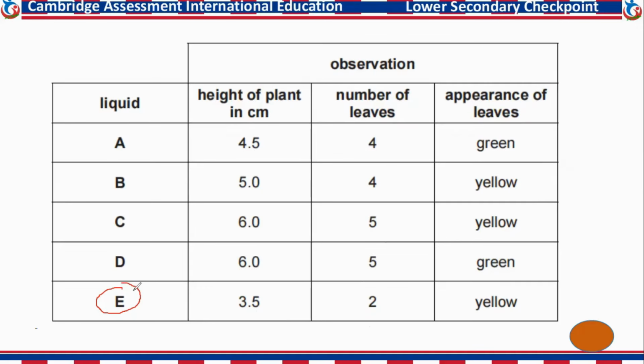So is liquid E water? From this indication, there is no better growth because we started with what? 3 centimeters. The number of leaves dropped from 4 to 2. So it withered. So no growth is experienced. And the 2 leaves that were left, out of 4, appear to be yellow.